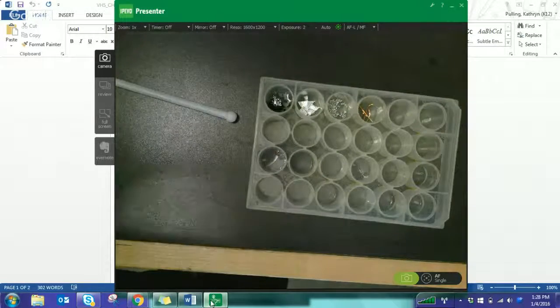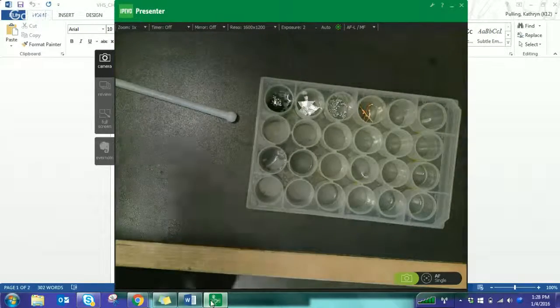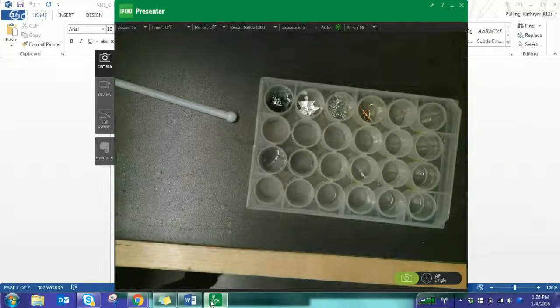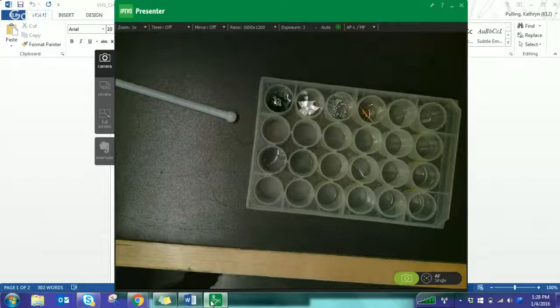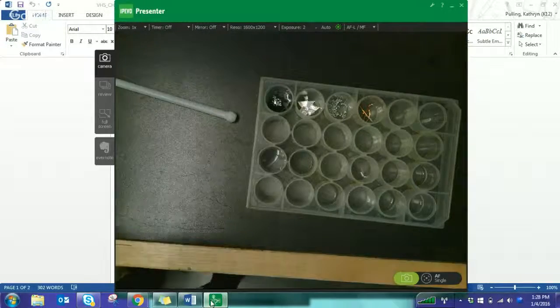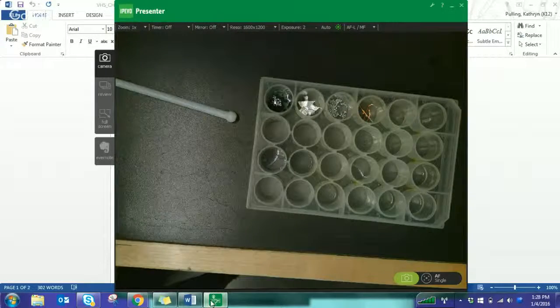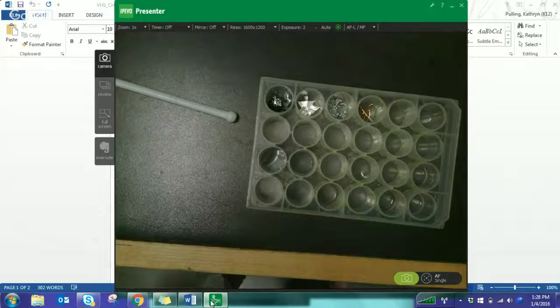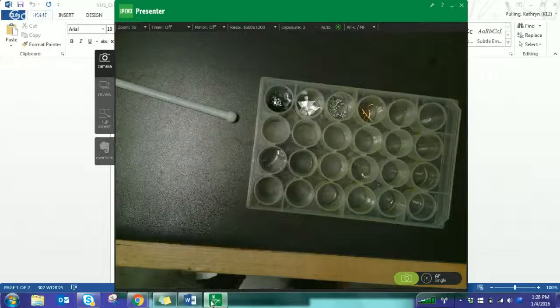I have to get this cap off. It's sealed. Scissors. So the sodium hydroxide, please be careful with that one. That is probably the most corrosive of all the chemicals in your kit.